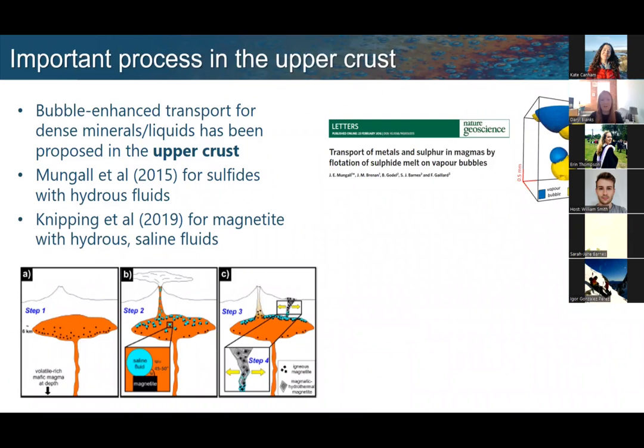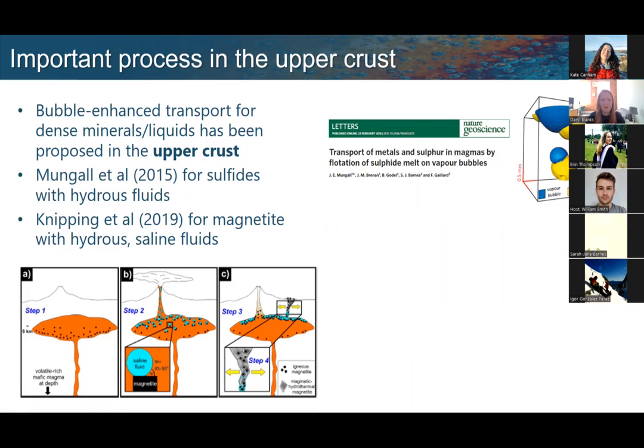And this has been quite topical recently, and two of the keynotes have highlighted this process of bubble enhanced transport. These really focus on the upper crust. Louisa presented her bubbles in a wine glass, and this is focused on the upper crust, essentially associated with sulfide and more hydrous fluids.